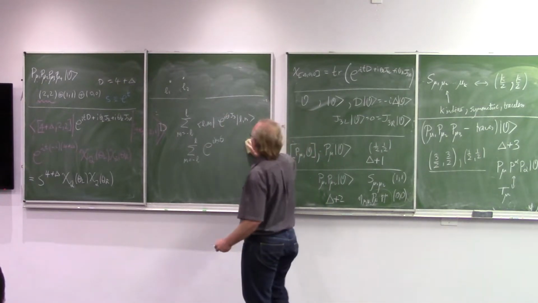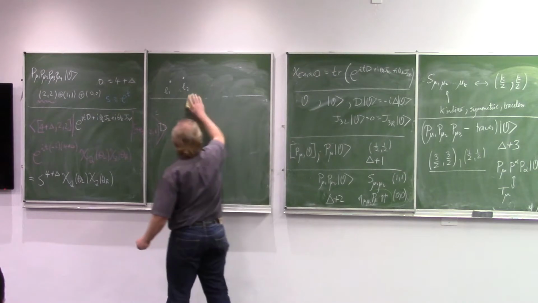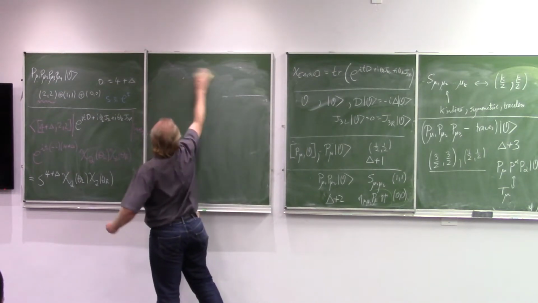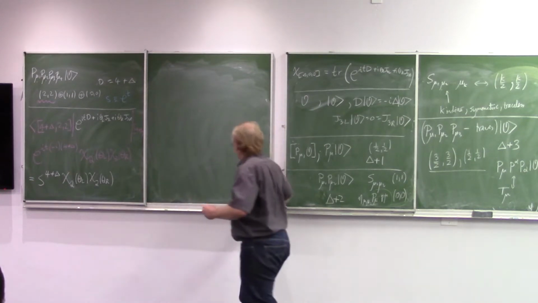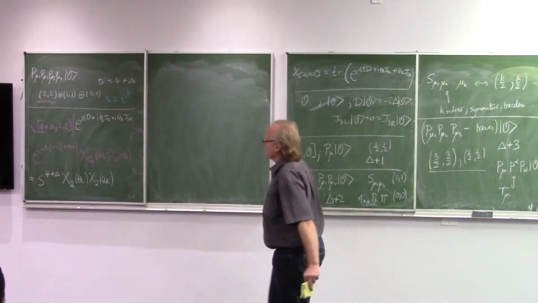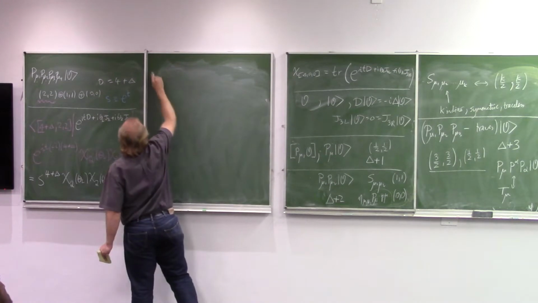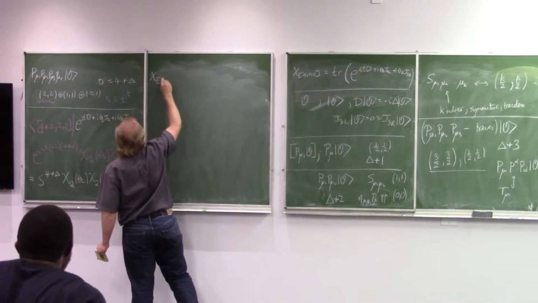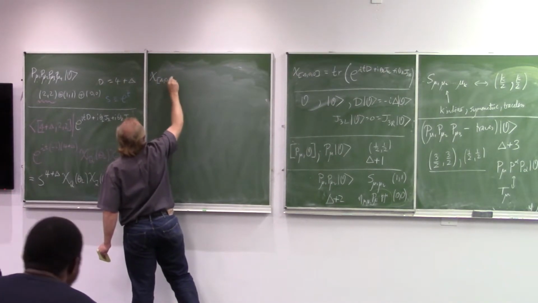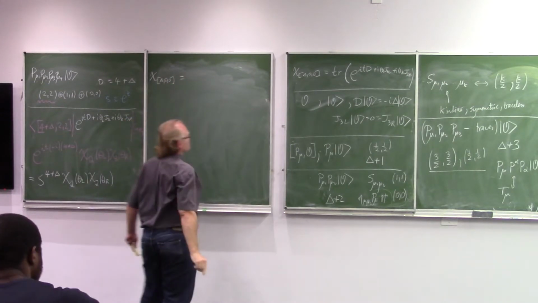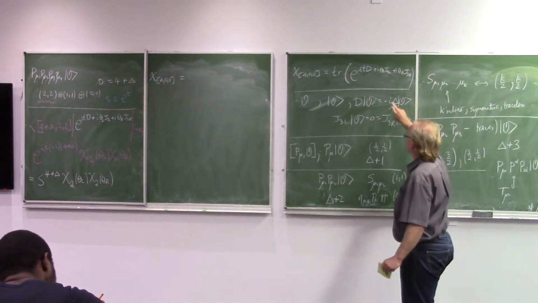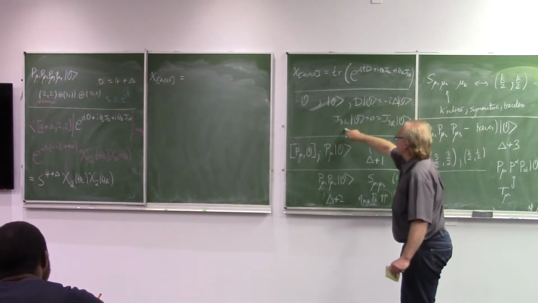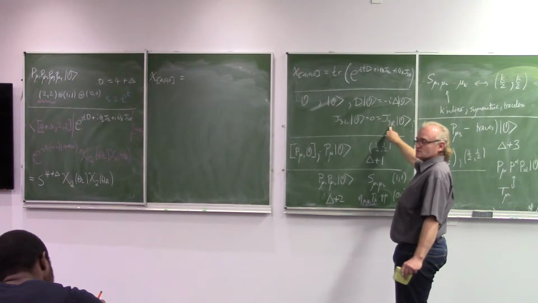Okay. So now, let's start calculating this character. Chi, delta naught is equal to 3. The first state I can plug in has dimension delta, J3 left equal to naught equal to J3 right.